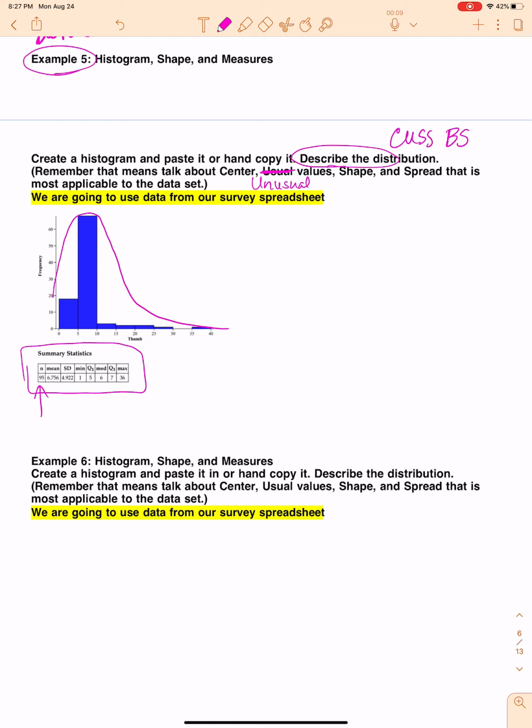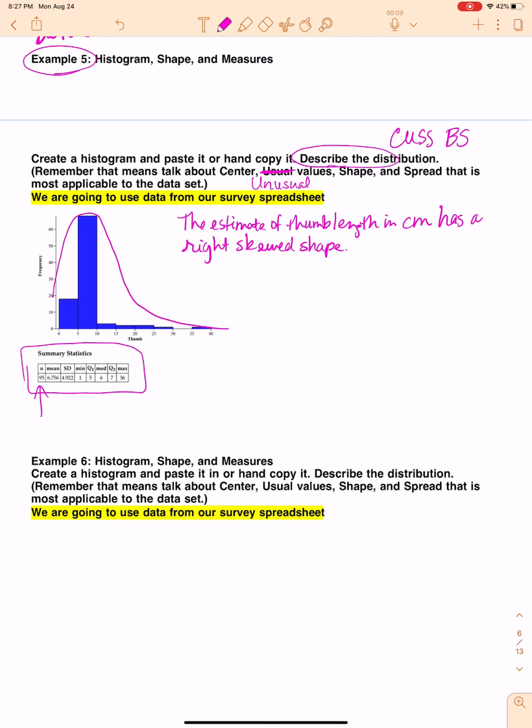So I am going to say that the estimate of thumb length in centimeters has a right skewed shape.